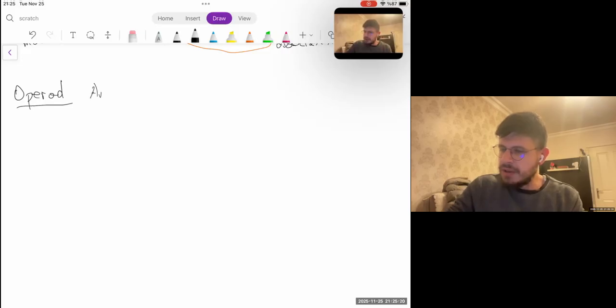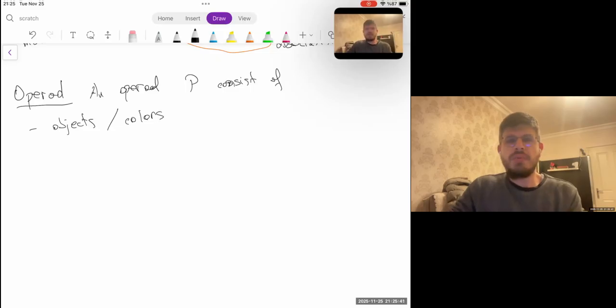So an operad P consists of objects, just like in a category, except we call them colors for purely traditional reasons.